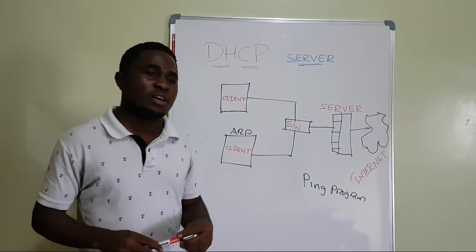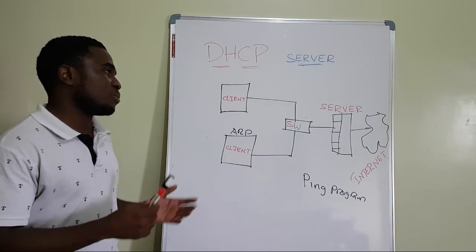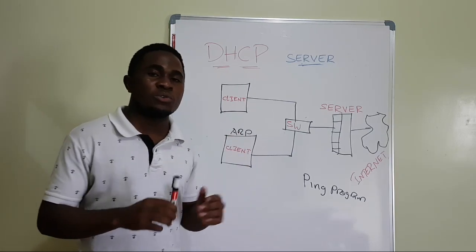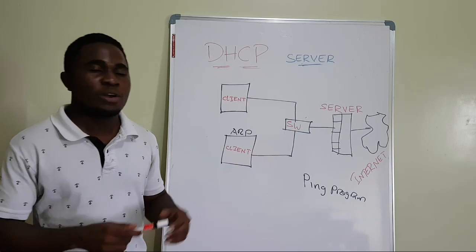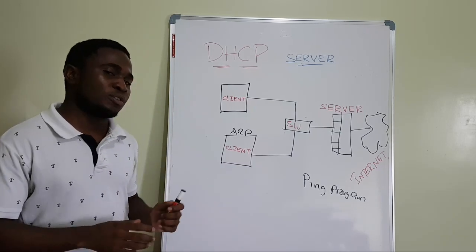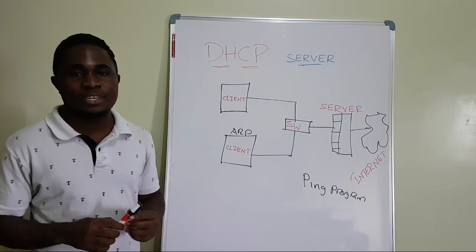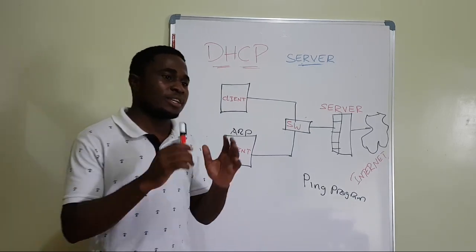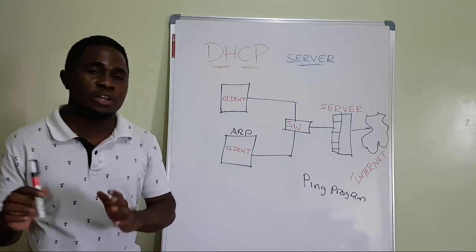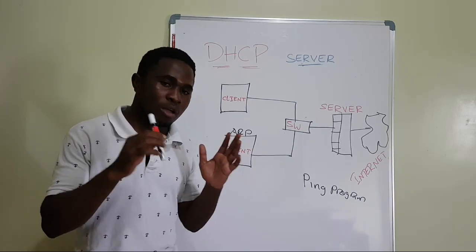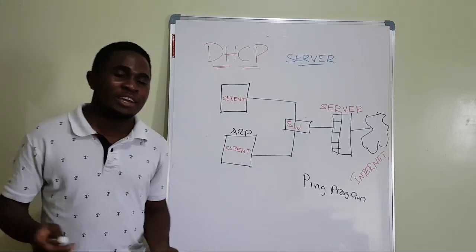Just to go through it, there are very few aspects that you need to consider when you want to know about the DHCP server. One of them is that when you would like to communicate between two electronic devices, what you need is the IP address. And this IP address can be assigned to the PC or any host in a static or dynamic way.